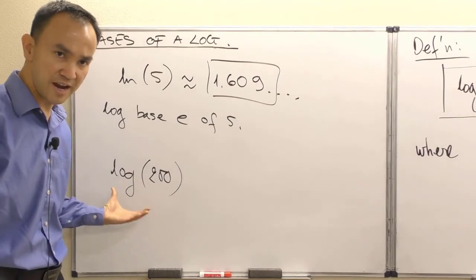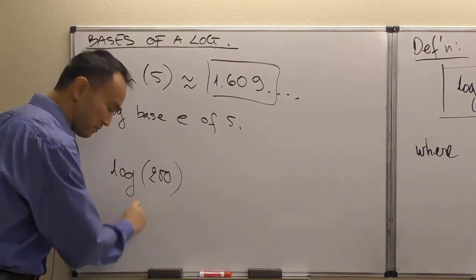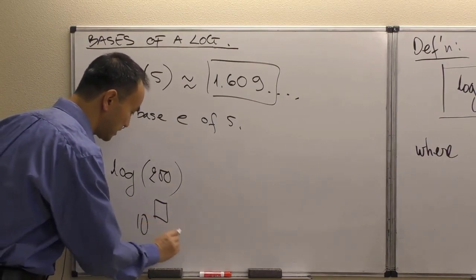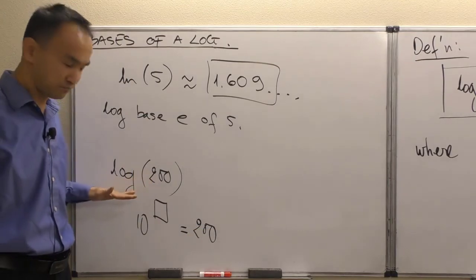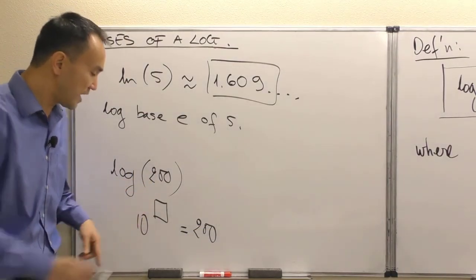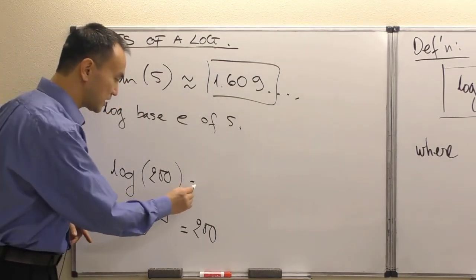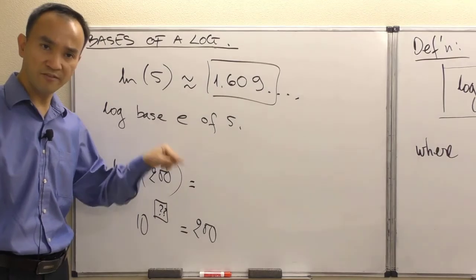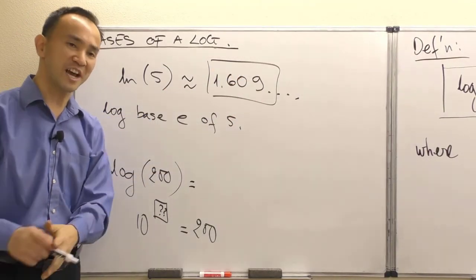Yes, we understand this is base 10, so what power of base 10 equals 200? We understand the operation in terms of that question, but in the end, what is the answer? We need a calculator, and for log base 10 we do have a key on our standard calculator.